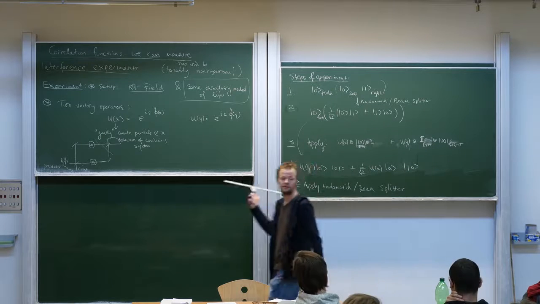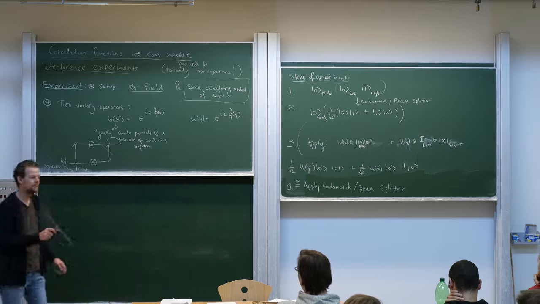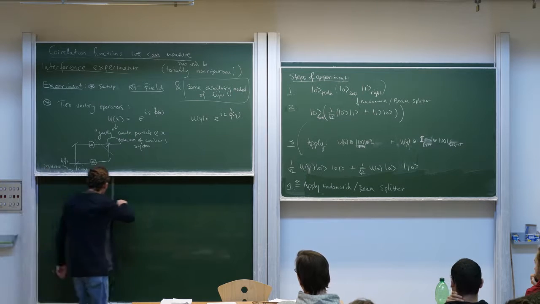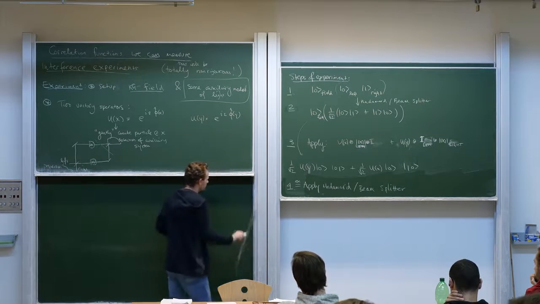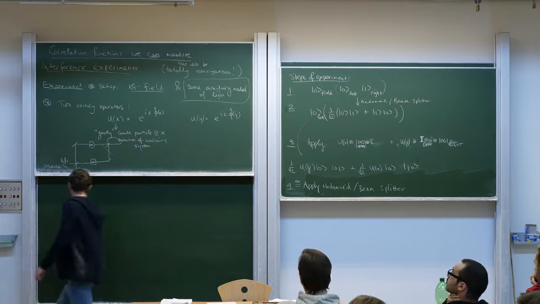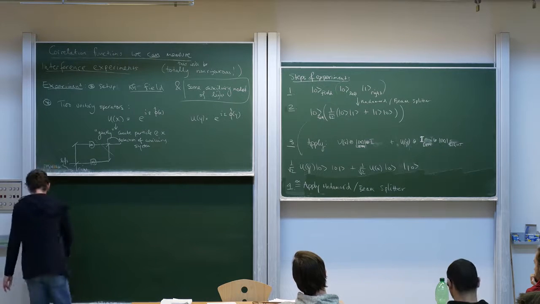So we look for interference on these auxiliary modes by allowing them to pass once more through a beam splitter.